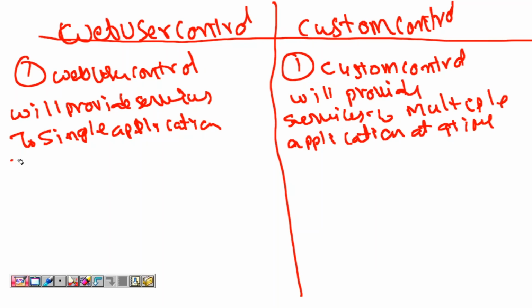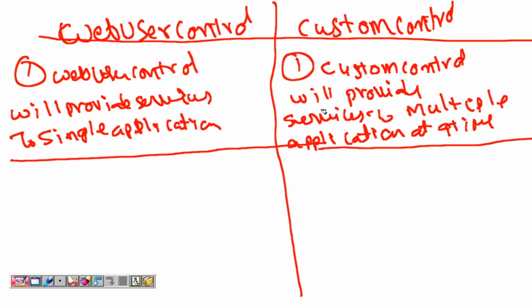Multiple applications at a time. Understood the first difference, all of you? So which will provide services to a single application at a time? Web user control.